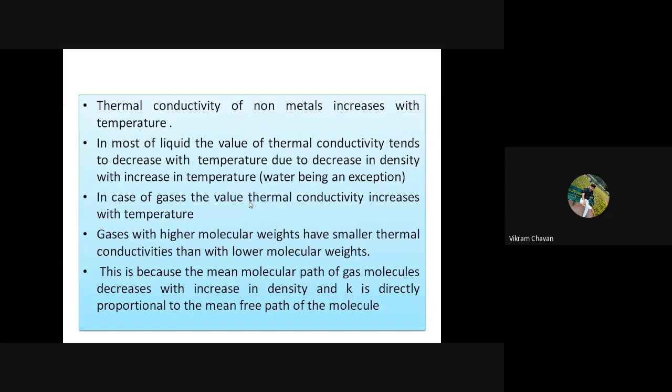the mean molecular path of gas molecules. You have studied this particular sentence wording in the kinetic energy of gases, I think in physics or in chemistry. Have you studied this kinetic energy of gases, in 12th, 11th, first year, wherever?